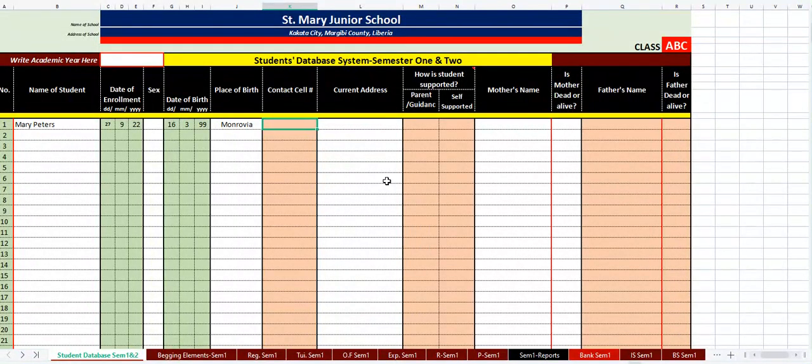We say here for cell number, we can put there plus 231. All right, 886 46 783 82. That's the cell number. Now it will turn it automatically.